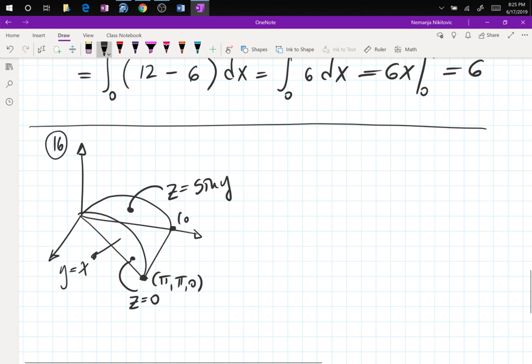And this point is 0, pi, 0. And obviously you have the origin over here. Now what they did is they colored this part over here orange, and they colored the top blue to separate the area. Okay, so this is what we are looking at.